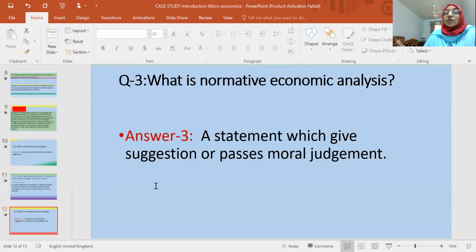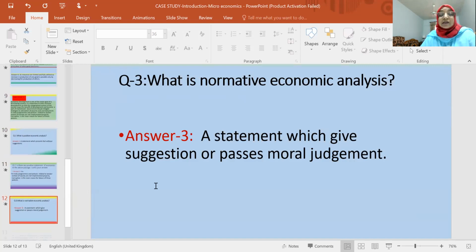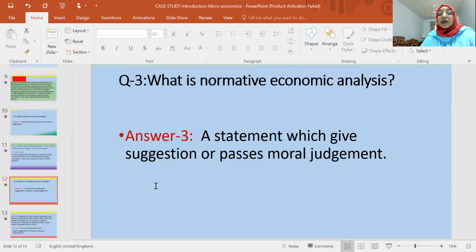This is also normative because of should not, this is a suggestion. Or government should arrange employment or provide employment opportunity to the people who lost job during pandemic or those who are unemployed. That is also normative, means here an idea is given, suggestion given, or moral judgment is passed. So it is a statement which gives suggestion, ideas, or passes moral judgment.